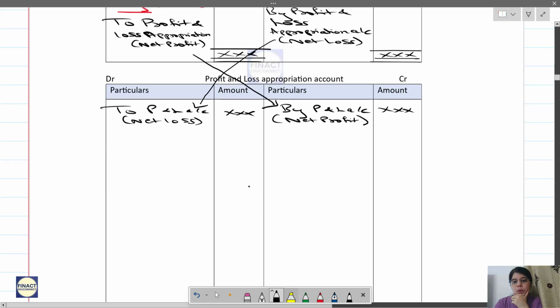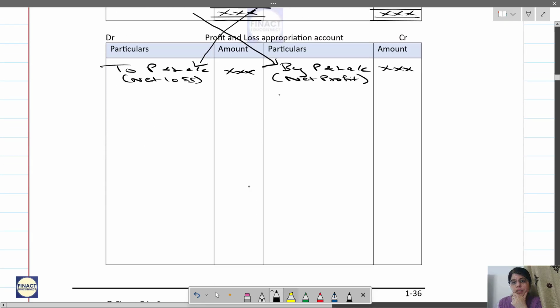Now other partner related expenses will come over here. For example, interest on drawings. Interest on drawings is given by partner to firm, so it is like income, correct? So what will be the entry? Interest on drawings account debit to profit and loss appropriation account. So by interest on drawings. Then interest on capital is the opposite of that. It is given by firm to partner.